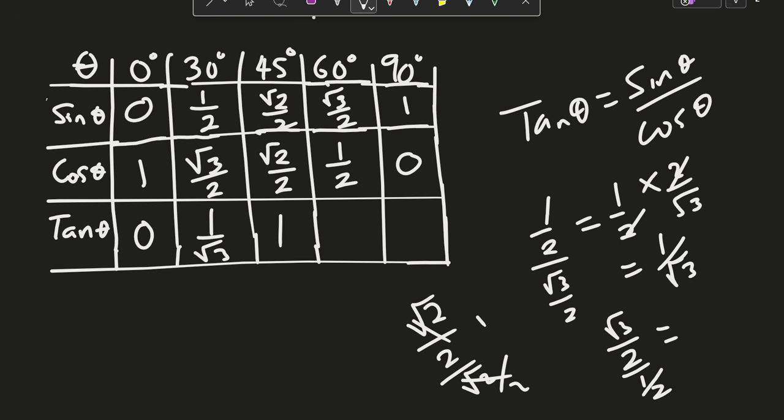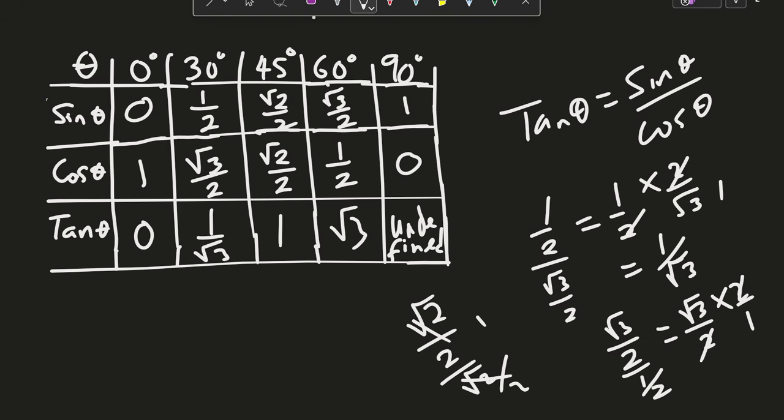So this becomes root 3 over 2 times 2 over 1. This cancels, and then you have root 3. So 1 divided by 0, we know is undefined. This is undefined. I don't know if my box will contain this, but okay, undefined.